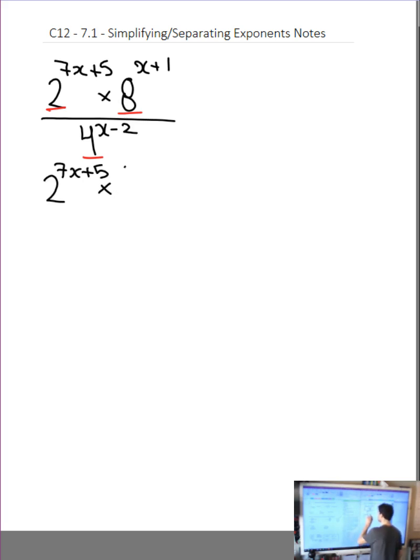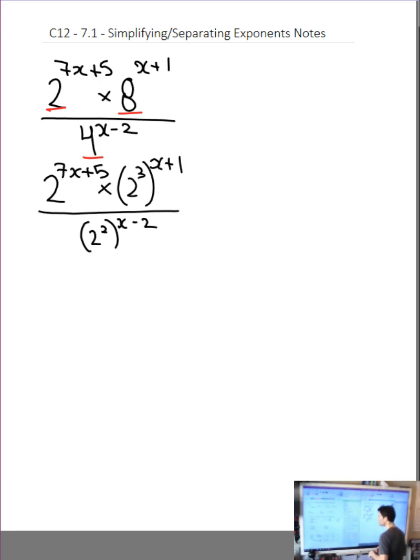Now 8 is 2 cubed. And 4 is 2 squared. Now I can multiply all the exponents together. So I have 2 to the 7x plus 5 times.